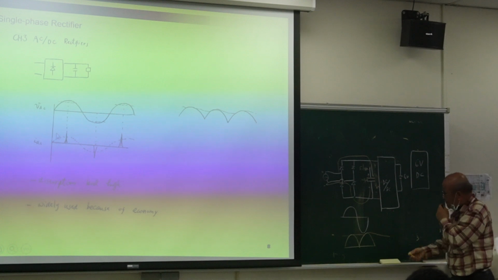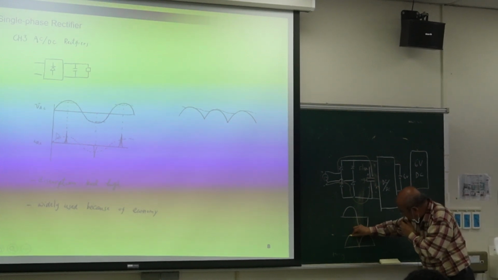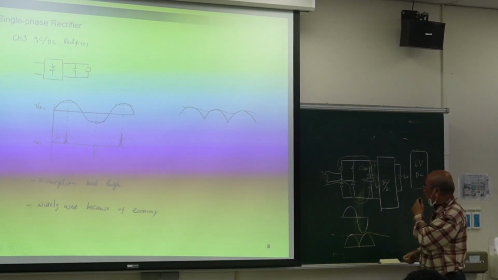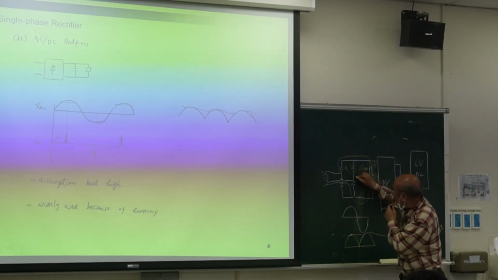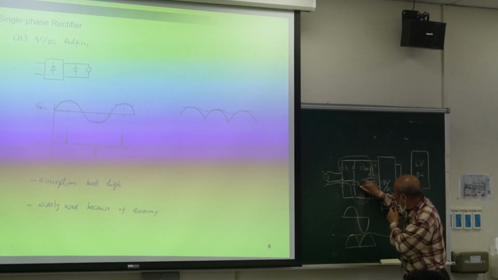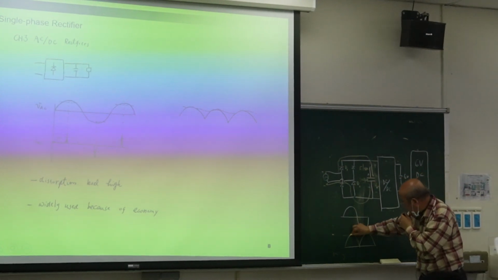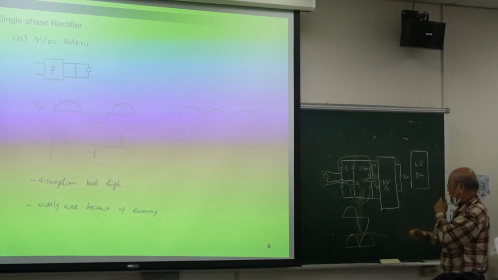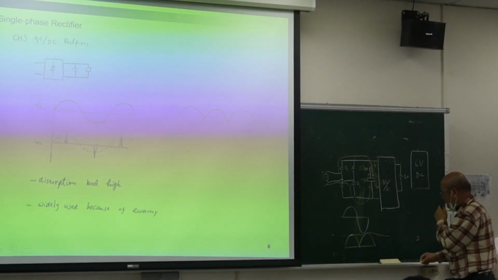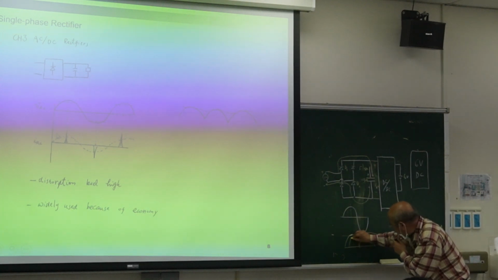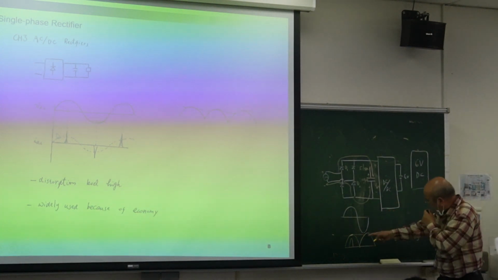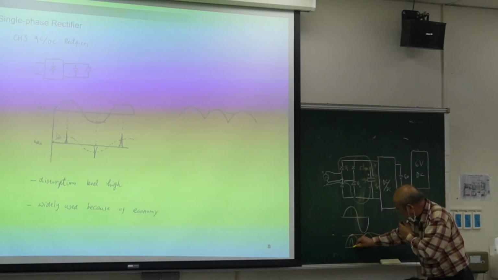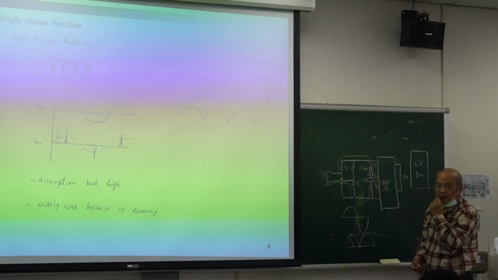In this case, only in this time interval, the input is larger than output, then the diode turns on. Then we can get huge current. But after that, the input is smaller than output, then the current becomes 0, right?